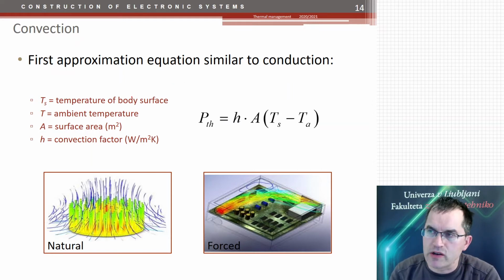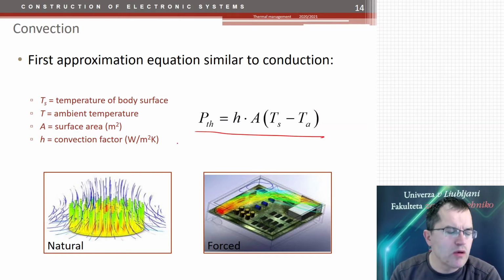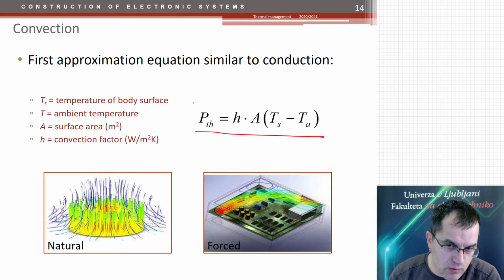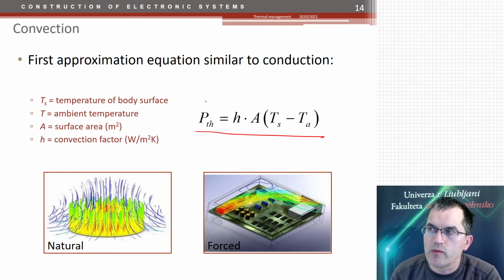The problem of convection is that it's a very nonlinear process, which means that you cannot just simply take this equation which I show here, which is just the most simplified equation you can get for the convection, and it almost never works well, because this is a very simplified equation which simulates the convection as it is, as the conduction, with the same Fourier law, which almost never works.